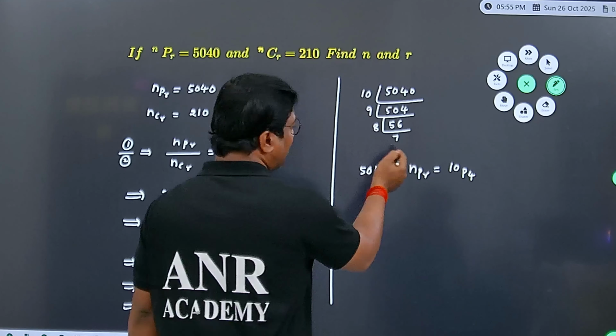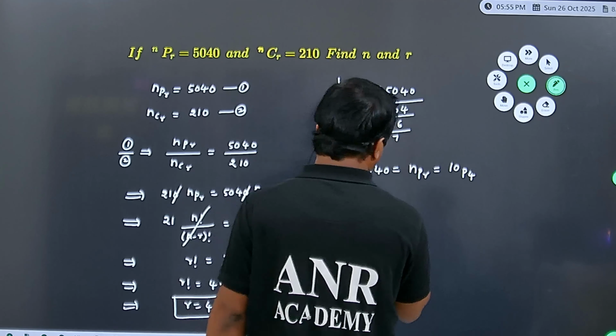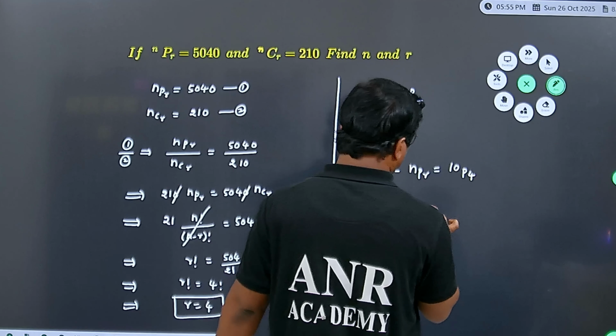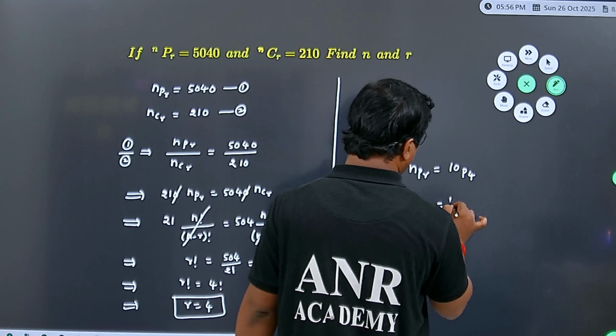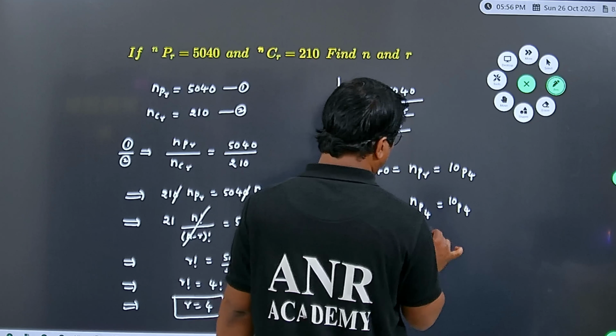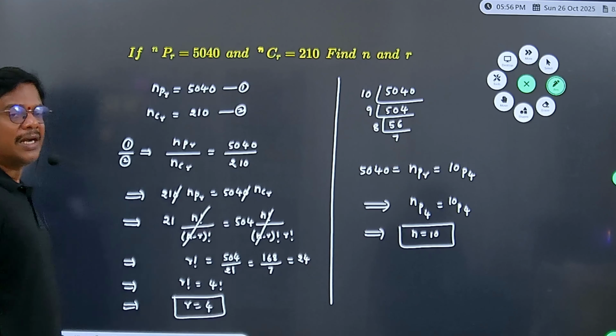Why? Because it is the product of 4 successive terms. You know that r value is 4. 10P4 equal to nP4 implies the value of n becomes 10. These are the values of n and r.